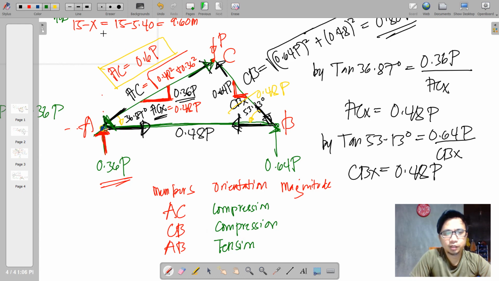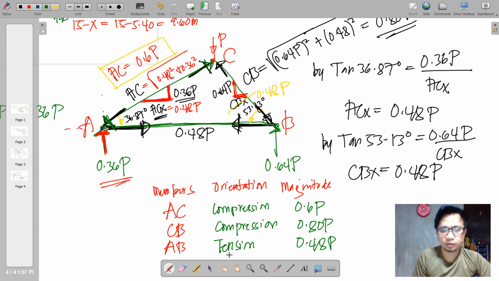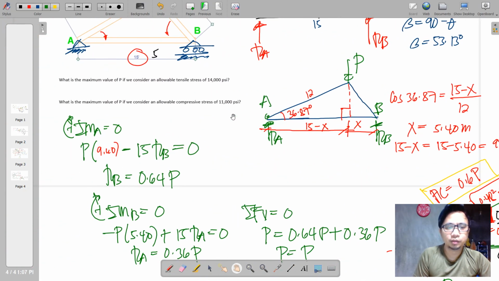Okay, so for the magnitude, AC is 0.6 of P, CB is 0.8 of P, and we have here 0.48 of P. And then we take note of the allowables. What would be the allowables?